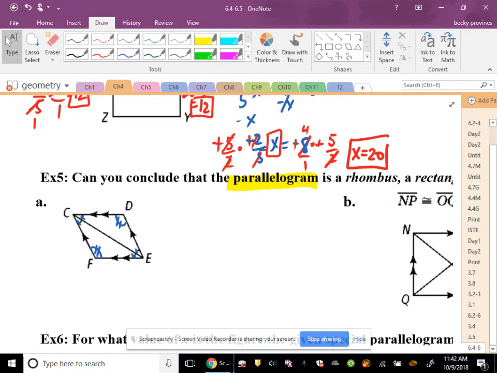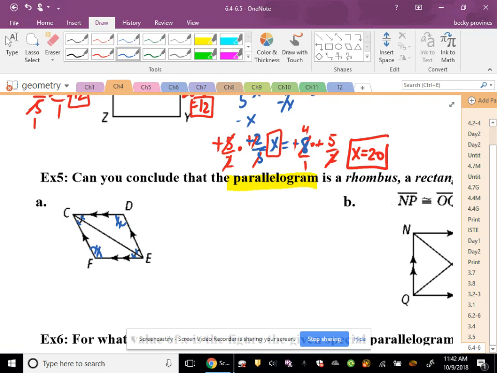But here's the issue. Do we know anything about this diagonal, F to D? And we don't know anything about it. So we conclude it's a parallelogram from this information because opposite sides are congruent, or opposite angles are congruent.